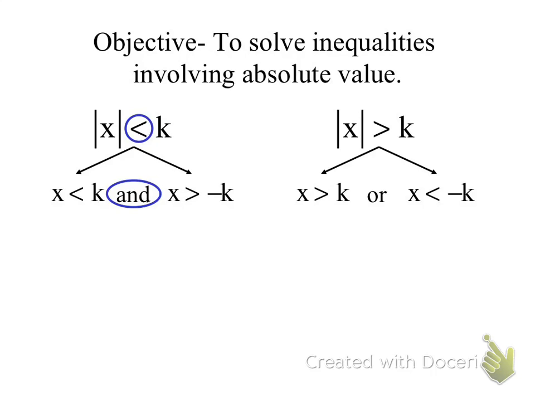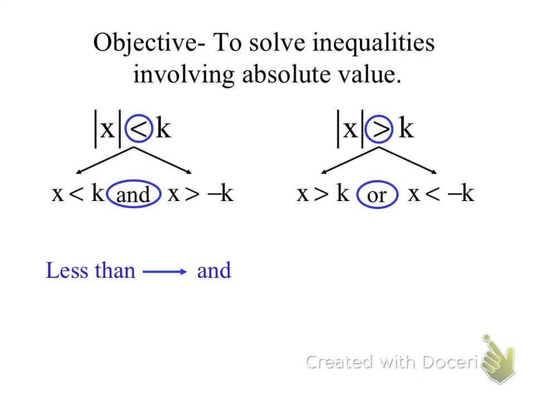Nope, an and is not a disjunction. Yeah. It's a conjunction, and it is an intersection. So less than every time is an and statement. Every time the less than symbol is touching the absolute value, it's an and statement. It's an intersection. It is a conjunction.